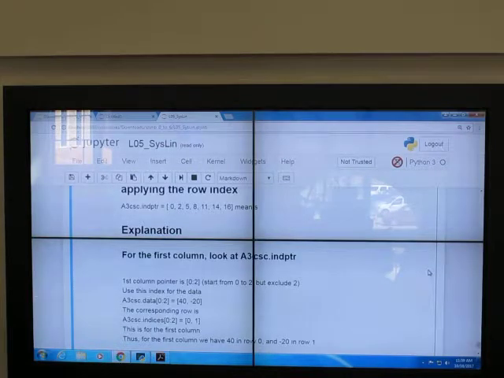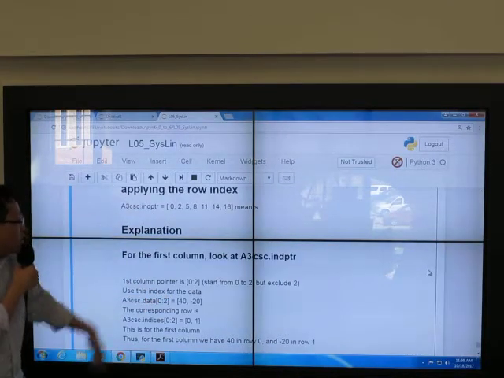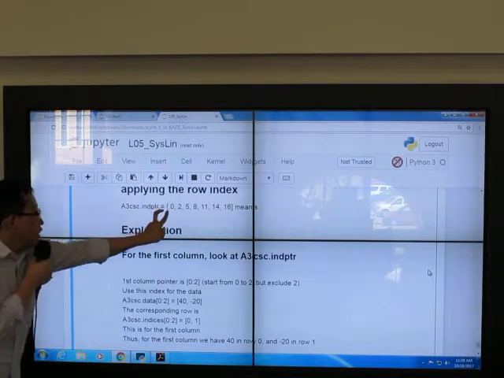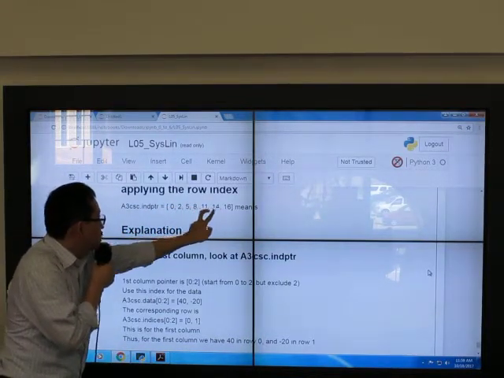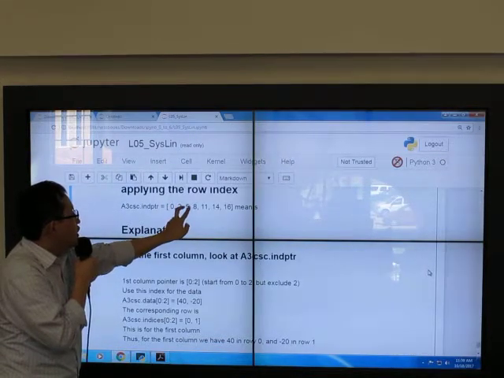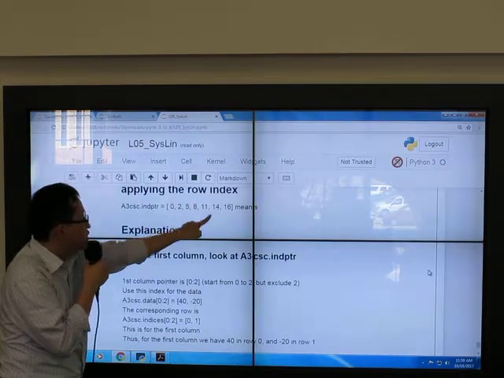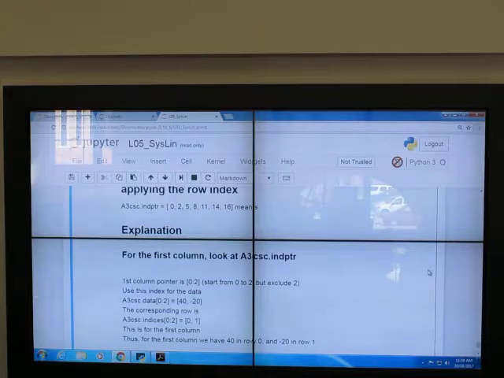Index pointer tells where I start and where I stop for column 1. So the numbers 40 and minus 20 are from 0 to 2, in column 1. So I have 0 to 2, 2 to 5, 5 to 8, 8 to 11, 11 to 14, and 14 to 16. That's 6 columns. So dot index pointer tells me how to split.